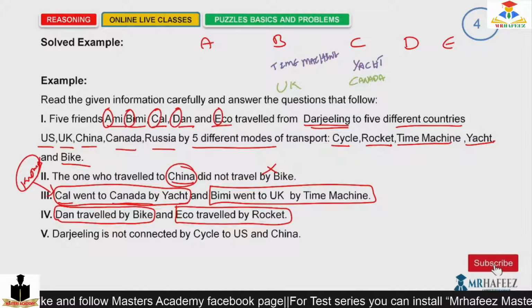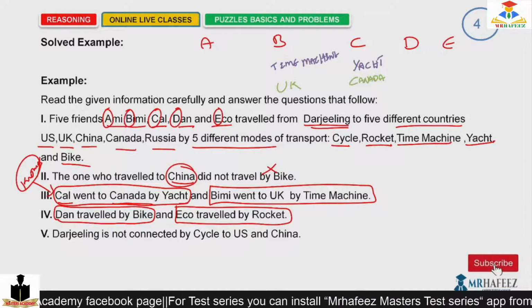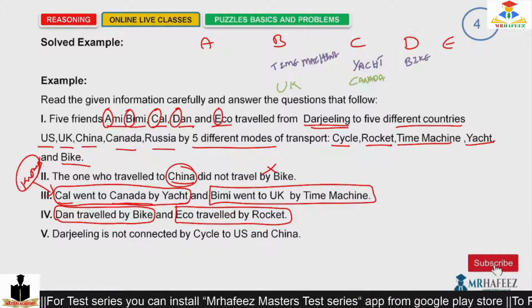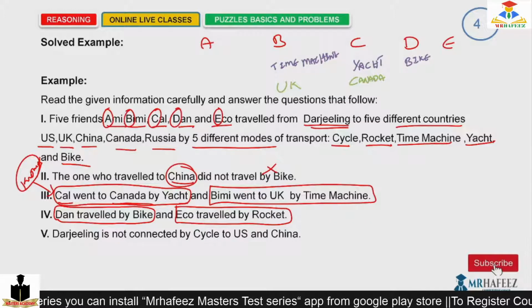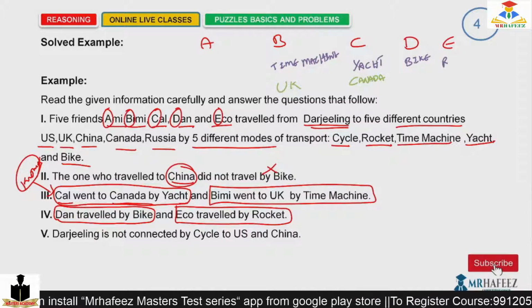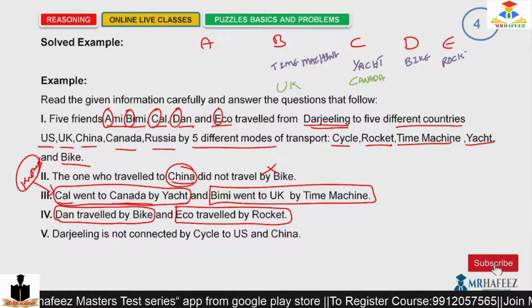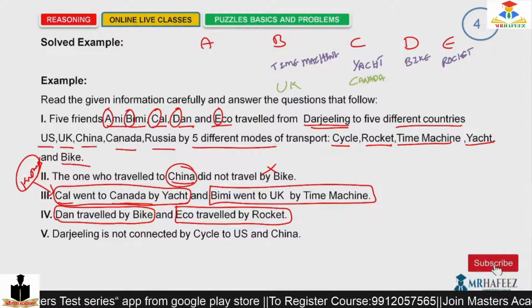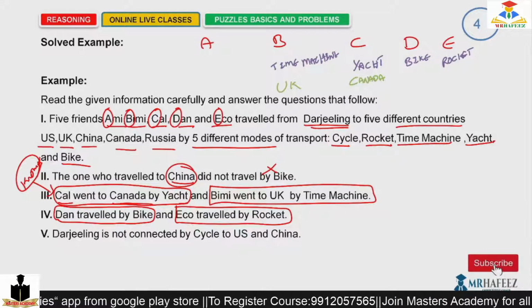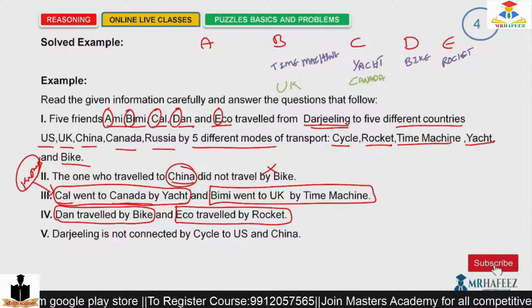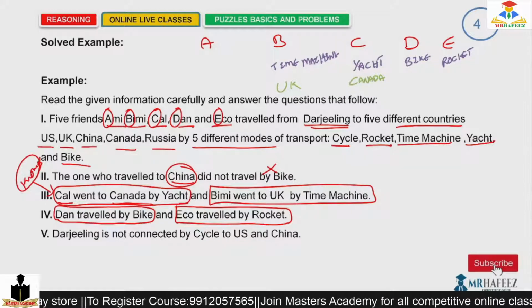Dan traveled by bike, so here it is bike. And Echo traveled by rocket, R-O-C-K-E-T. And let me know how many vehicles, how many transport modes are there?